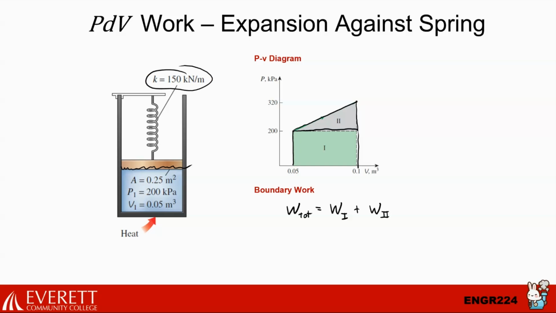Or if it's going the opposite direction, uncompress the spring. Thing to note in here that just kind of gets people in trouble is that negative sign means that work is coming out, plus is work in. So I kind of generically wrote the plus in there, but just be a little careful with your signs.